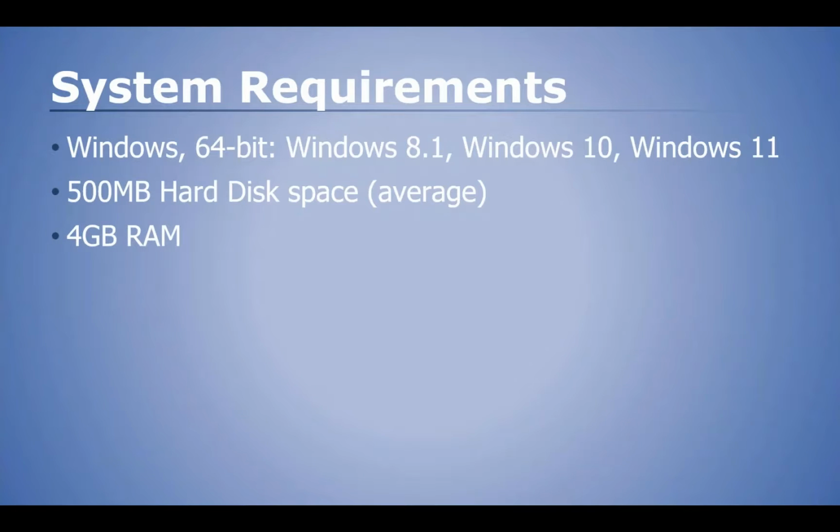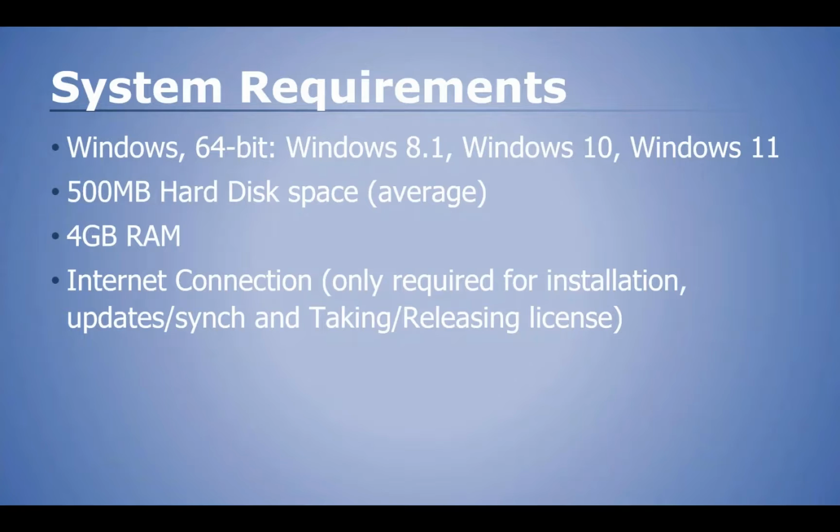A minimum of 4 gig of RAM, so that would be 2 gig for the operating system, 2 gig for Stardraw. But being a 64-bit application, there is in effect no limit to the amount of available RAM that we can access on your system, which is very useful if you're working with really huge projects with lots and lots of drawings. For installation of the software, for updates and synchronization, and for licensing actions, you need to have an internet connection.